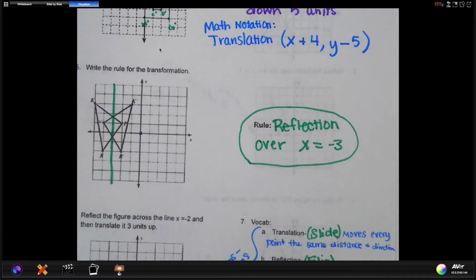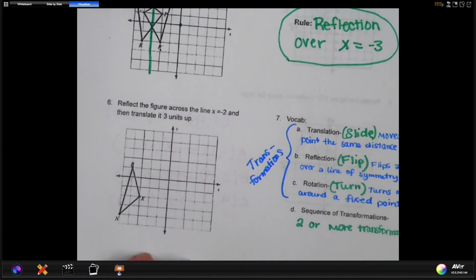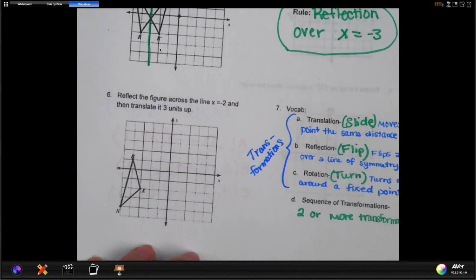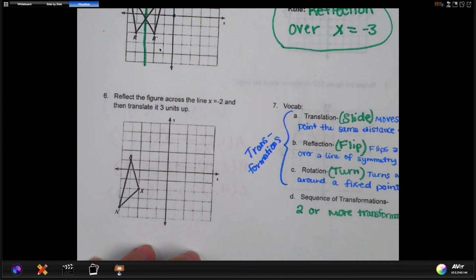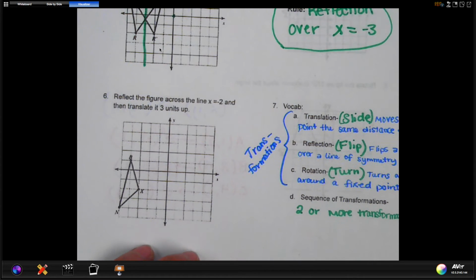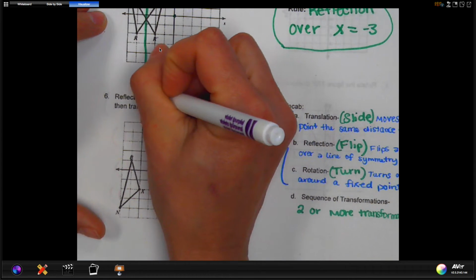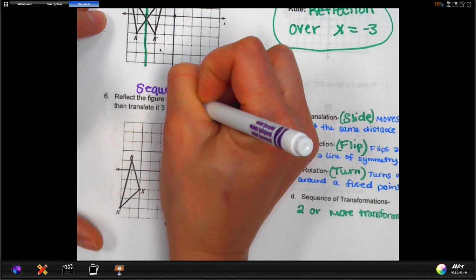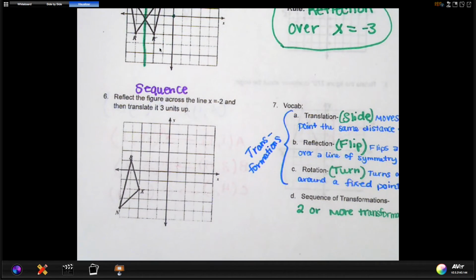Okay, last but not least for this quiz review, reflect the figure across the line x equals negative 2 and then translate it 3 units up. Since there are 2 parts to this, this is a sequence. So that means we are going to have 2 parts to it.